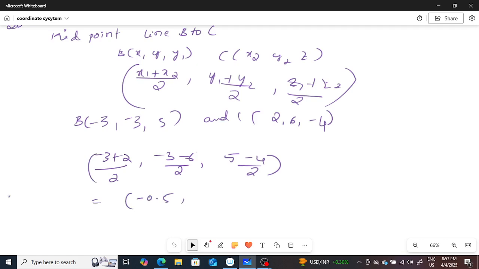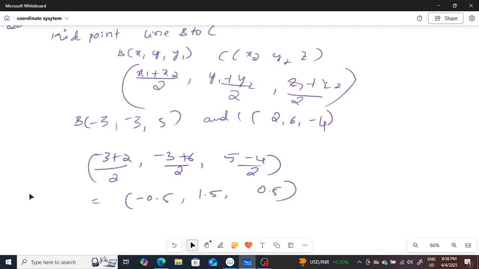Because -1 by 2 is -0.5. Then plus 3 by 2 is 1.5, comma, 1 by 2 is plus 0.5. These are the new points.